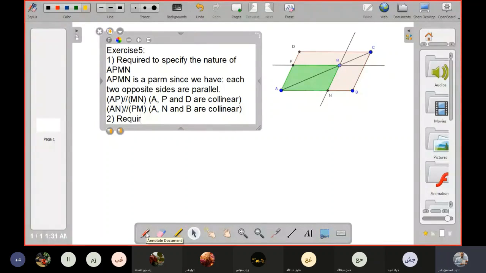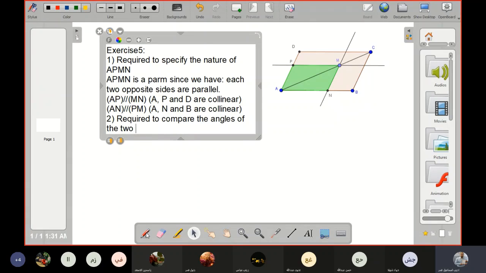Required to compare the angles of the two quadrilaterals ABCD and APMN.